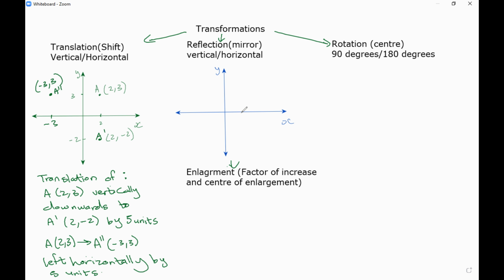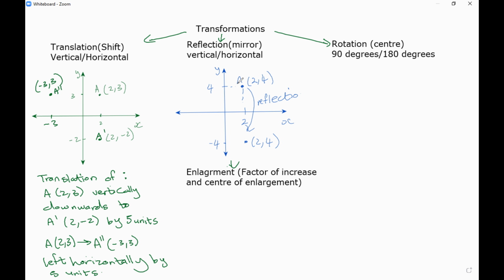If I've got a point over here, let's say this is 2 and 4, and I want to reflect this over the x-axis, this point is going to become -4, but the 2 will remain the same. Your x value will remain the same. So from there to there, we can see this is a reflection over the x-axis, right? And this is my reflected point.